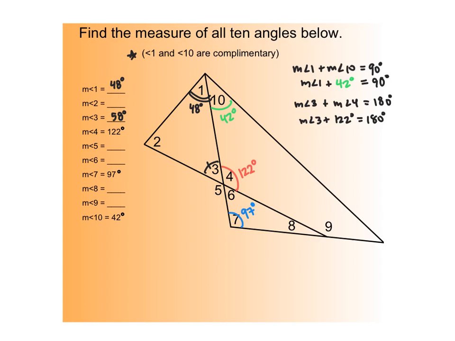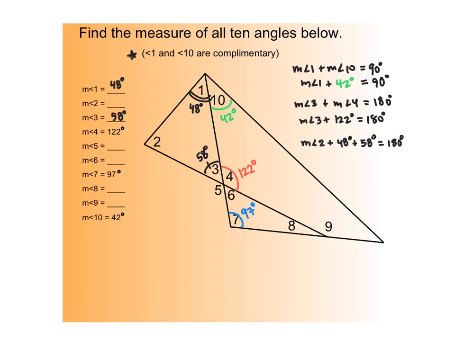All right, let's move on and let's find the measure of angle 2. So as you look at the triangle that contains angles 1, 2, and 3, we know that the three angles have to add up to 180 degrees. So the measure of angle 2 plus the measure of angle 1, which is 48, plus the measure of angle 3, which is 58, again has to be supplementary, adding up to 180 degrees.